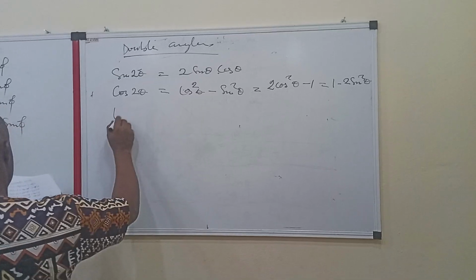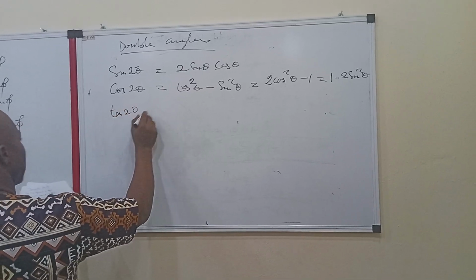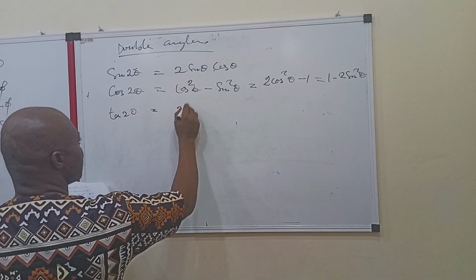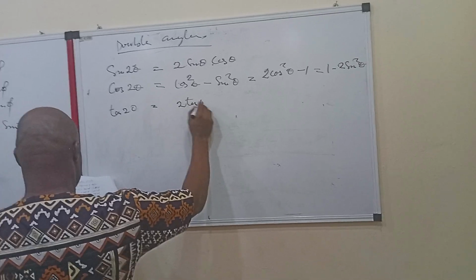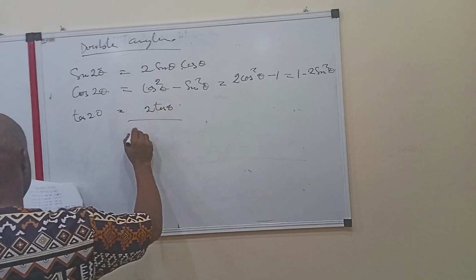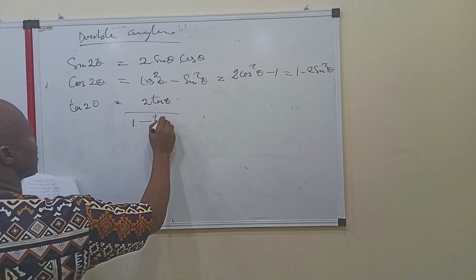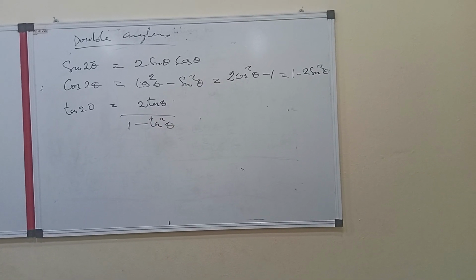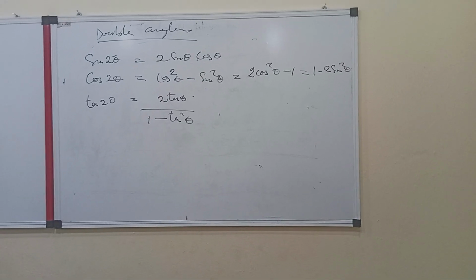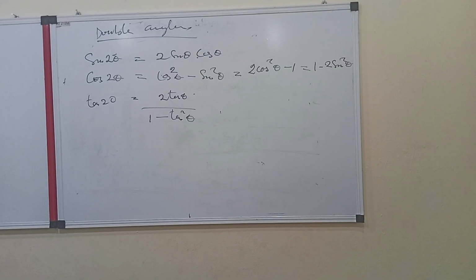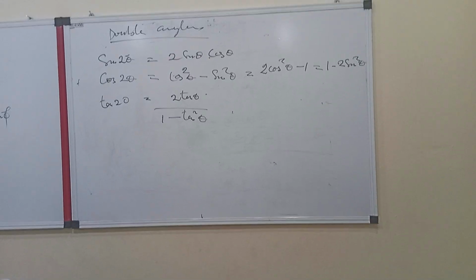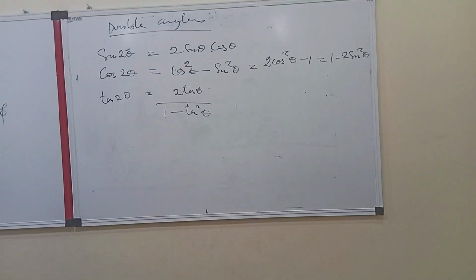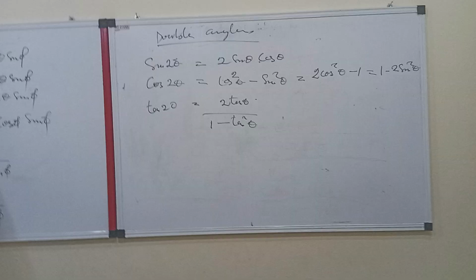And you also have tan 2 theta as 2 tan theta all over 1 minus tan squared theta. Now we can also talk about sum and difference of ratios.